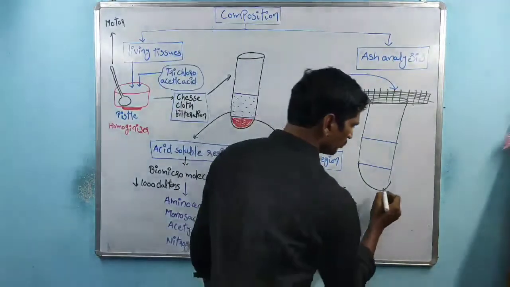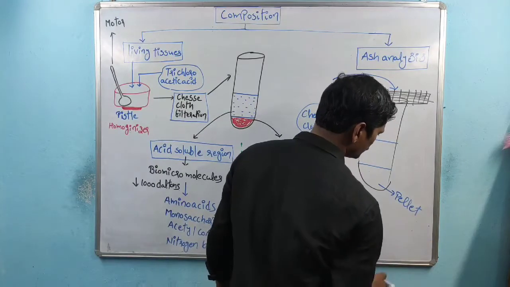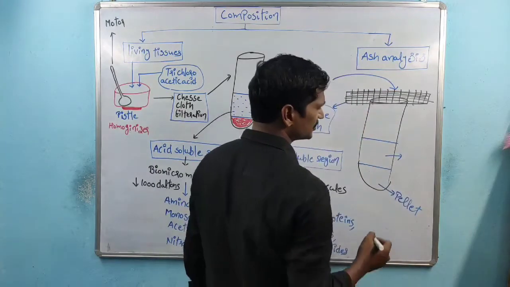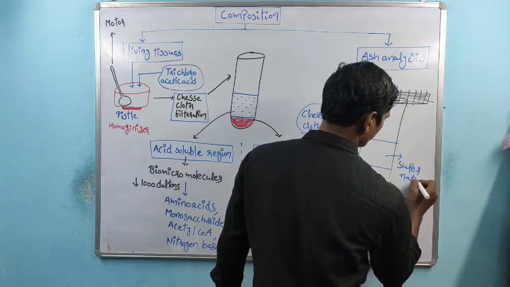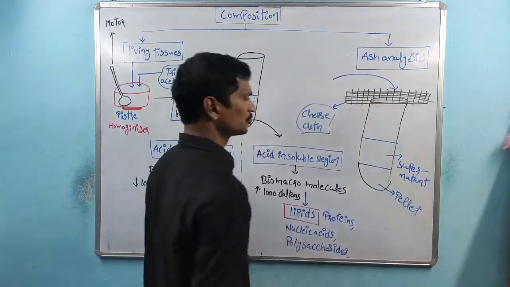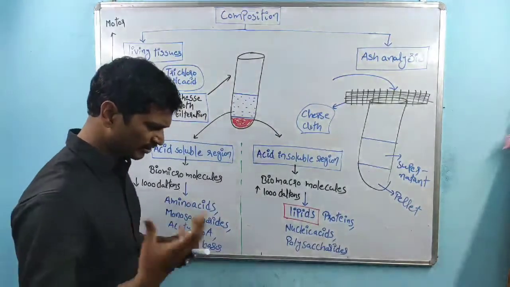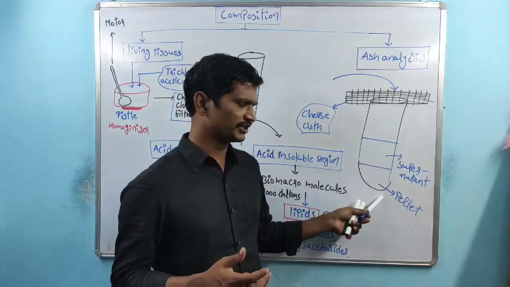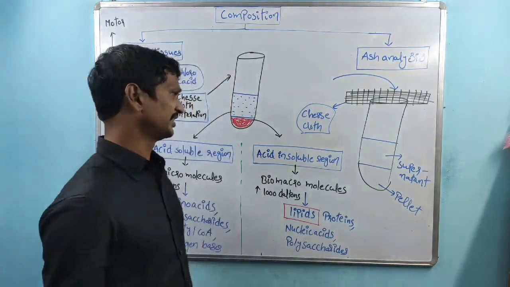The bottom side zone is called the pellet, and the upper side zone is called the supernatant.